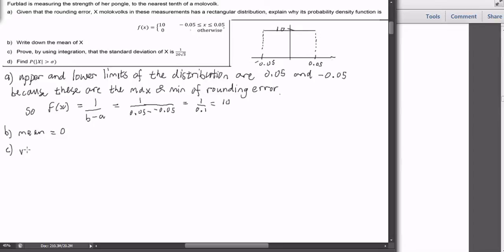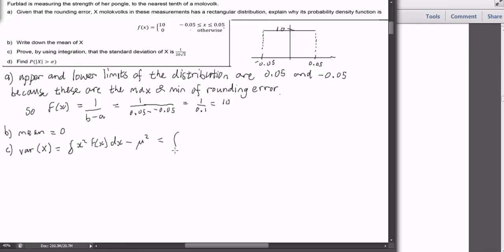So we'll start by finding the variance and then we'll find the standard deviation. So the variance is the integral of x squared f of x dx minus the mean squared. Well, we know the mean's 0, so we can ignore that.